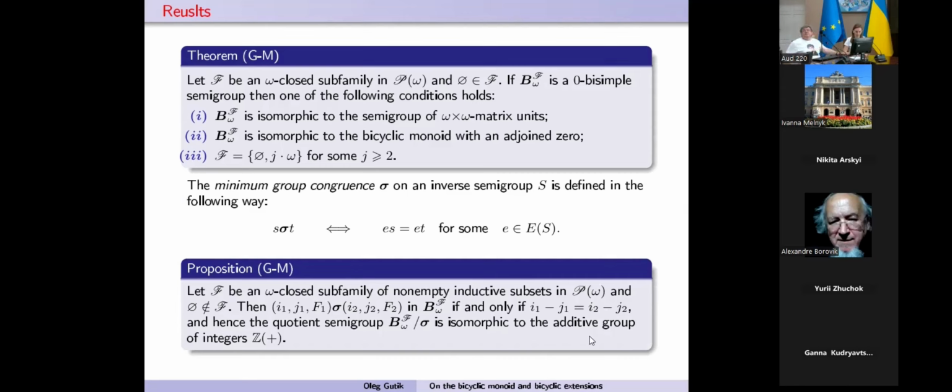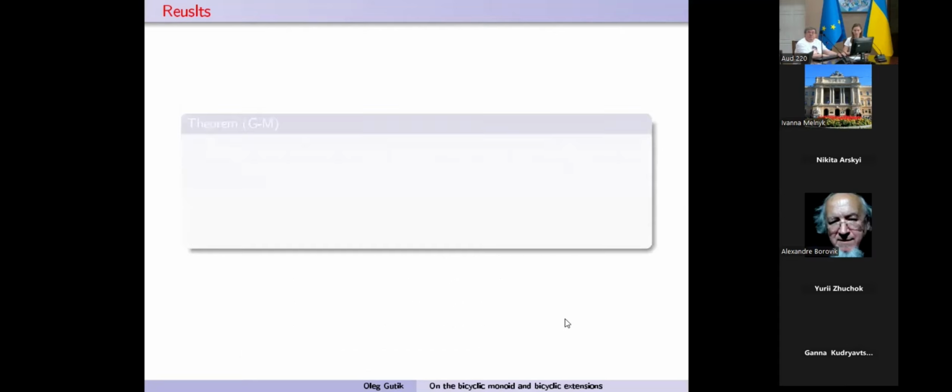And this implies that the quotient semigroup B omega F by the minimal group congruence is isomorphic to the additive group of integers. We have a similar result for the bicyclic semigroup and for the extended bicyclic semigroup.